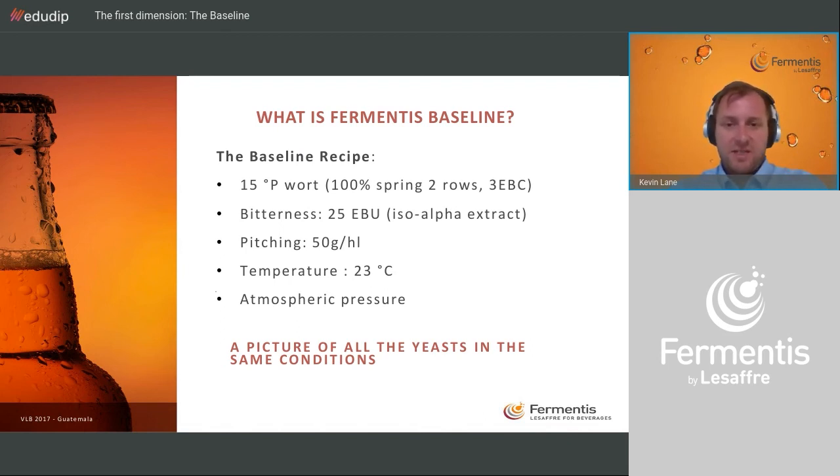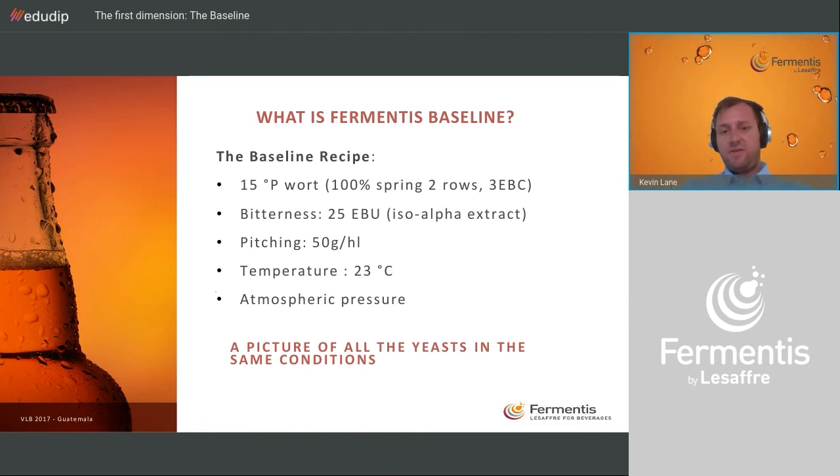In terms of the bitterness, we targeted 25 EBU with just isomerized alpha acid extract, something like ISO 30, just the bittering compound in beer, so that there was beer flavor, but no hop character.